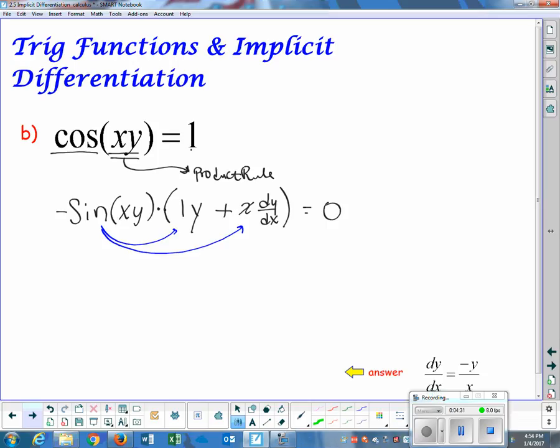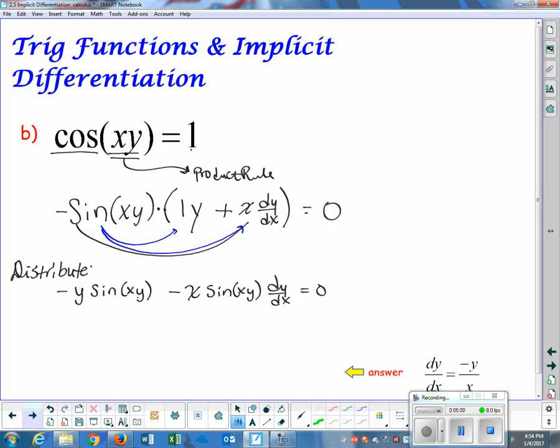So we're going to multiply negative sine times this y, and I'll have negative y sine of xy minus, because then this negative sign is going to minus here, x sine of xy multiplied by dy dx equals 0. That was simply a distributive step, so we distributed.